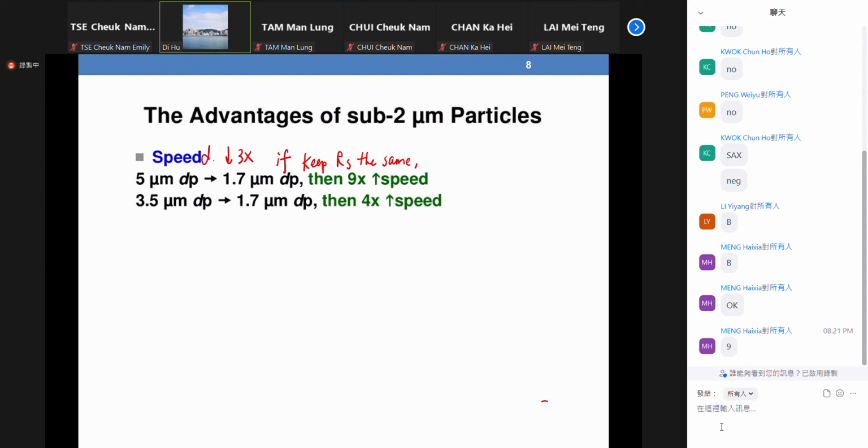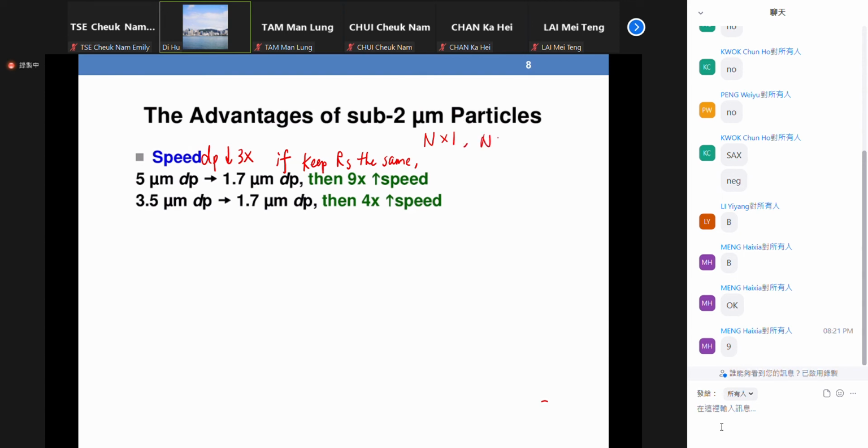When dp decreased by 3 times, if we keep the resolution the same, what happens? That means you keep N the same, unchanged, 1 time. And that means what?